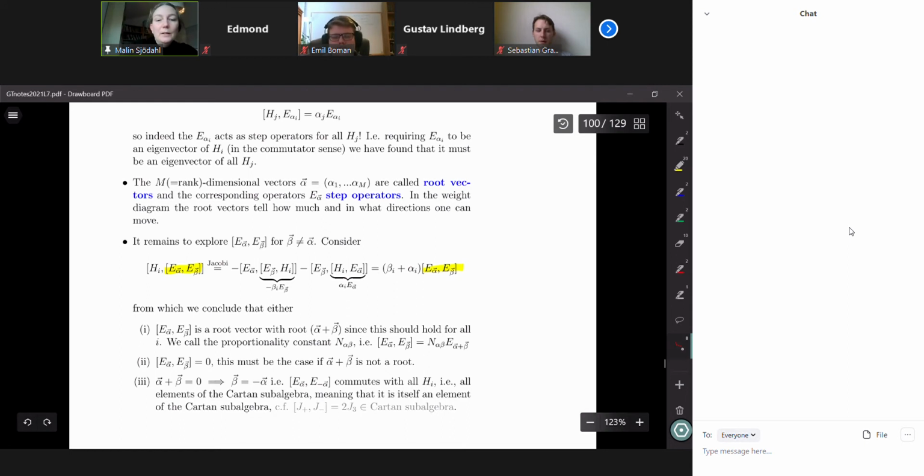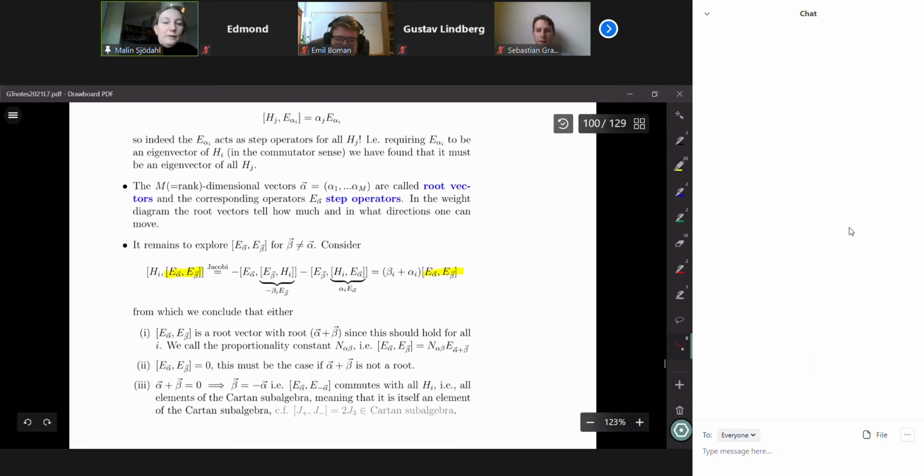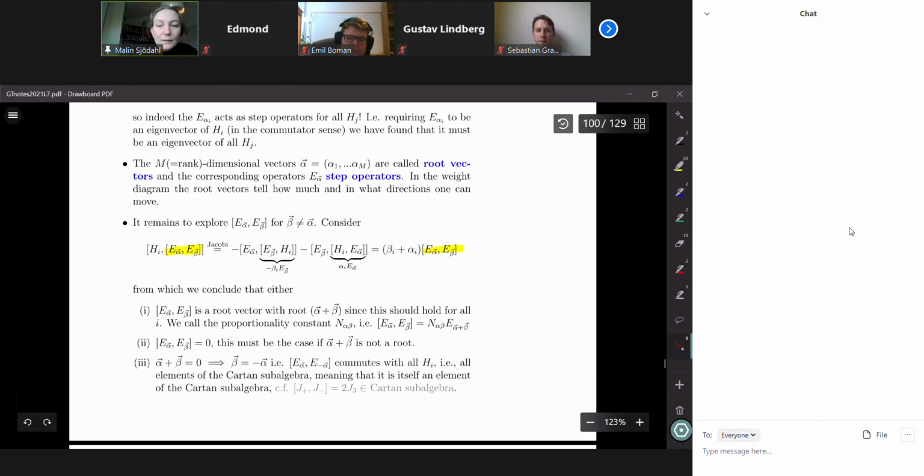So we can form out of those the vector alpha plus beta. So it is then one of the root vectors, with some proportionality constant. The commutator of E alpha with E beta, we take that to be some n alpha beta, then E alpha plus beta.